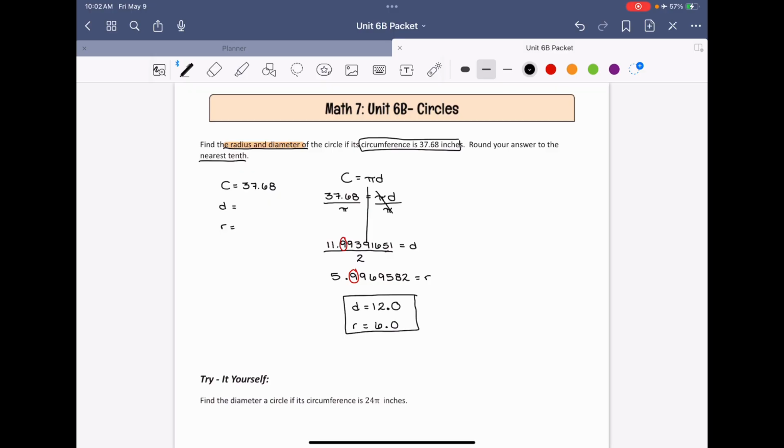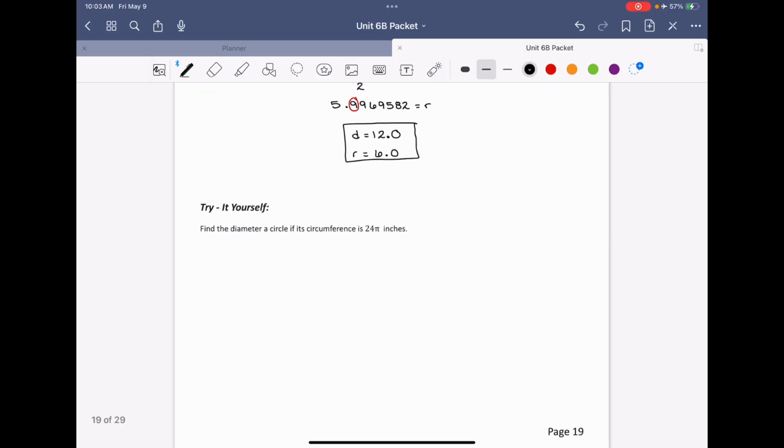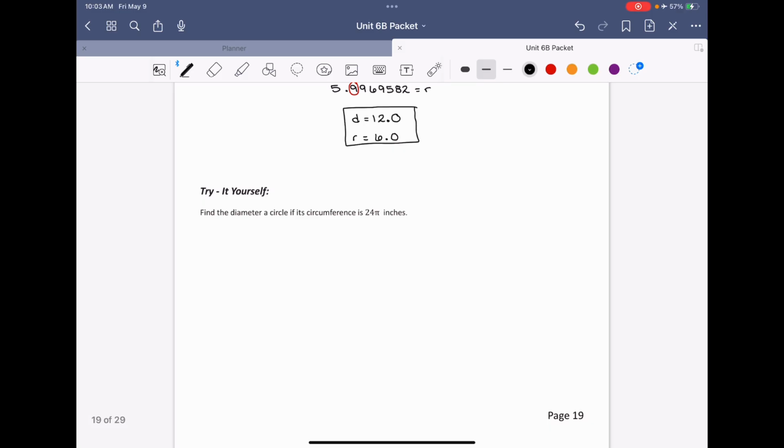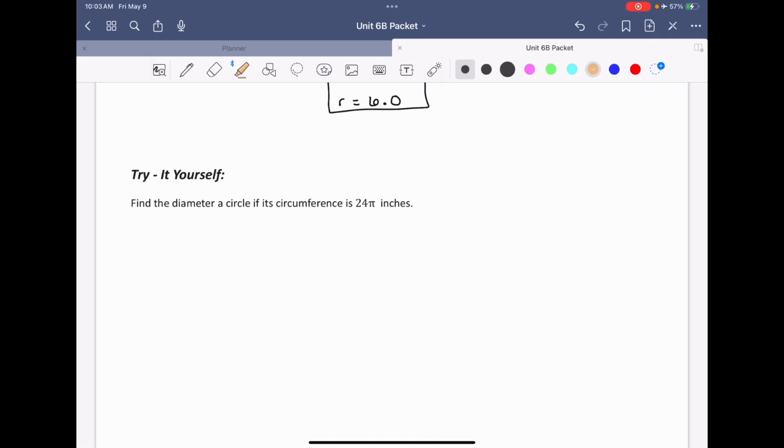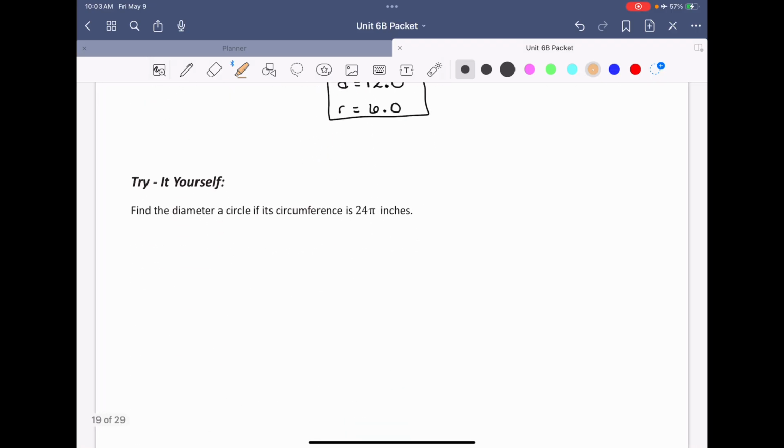All right, I'm going to have you go ahead and try one on your own. Okay, so it says find the diameter of a circle if its circumference is 24 pi inches. So please pause the video and try it. When you're all set, unpause and check. All right, remember it's asking us to find the diameter of the circle, and it tells us the circumference.